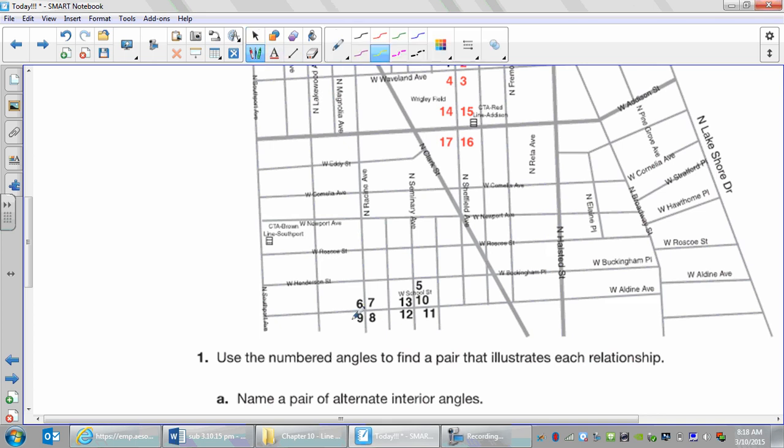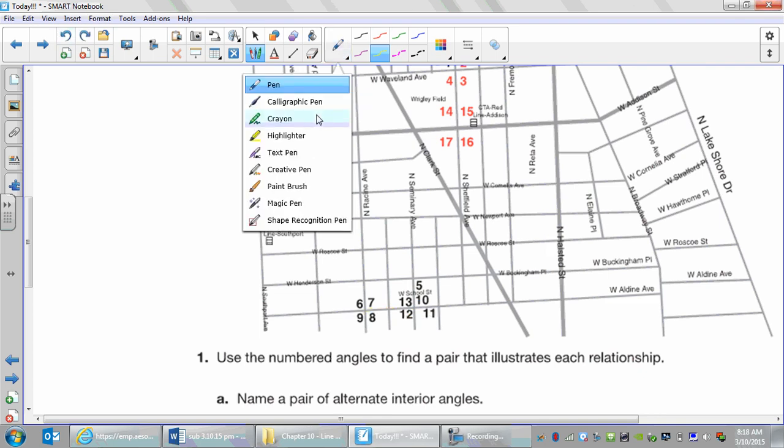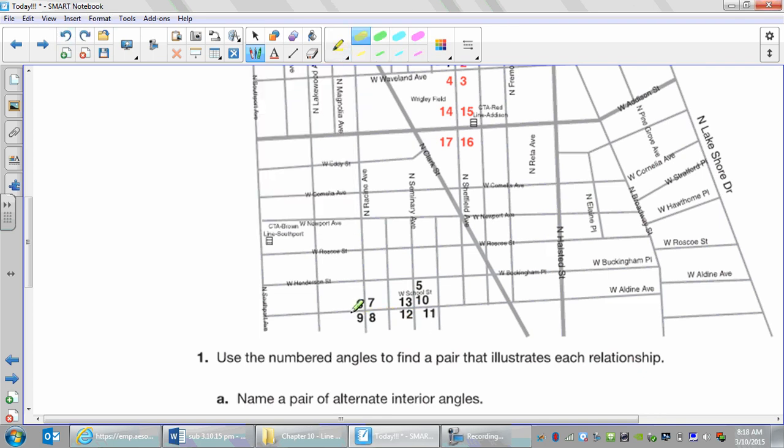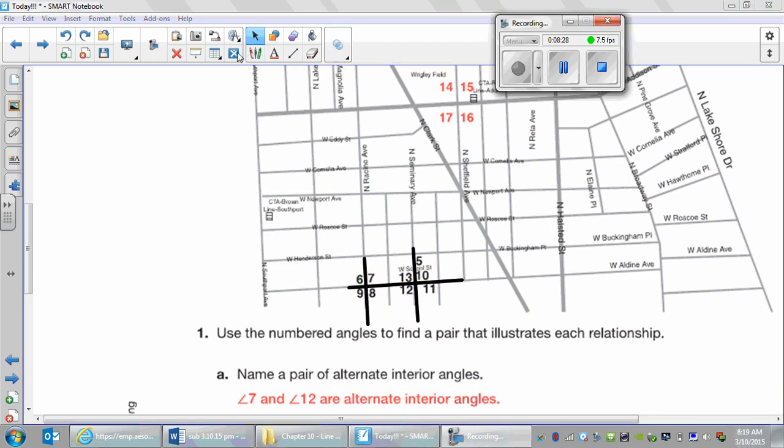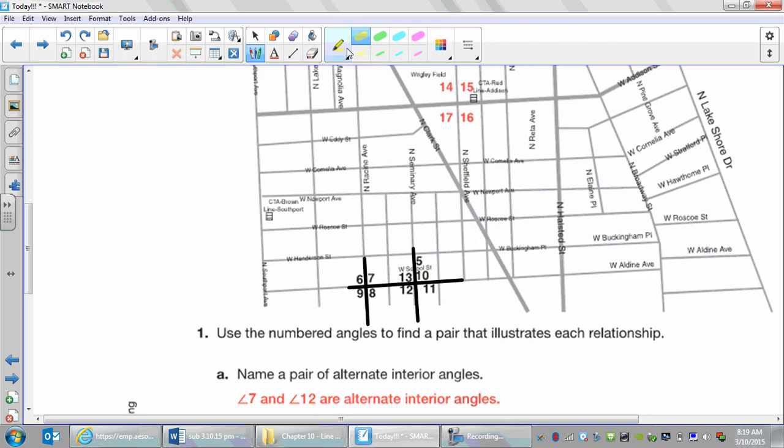So if this is my transversal, remember a transversal is a line that has one parallel on it. Right, so I tried to highlight it there for you. But alternate interior, so here is my transversal, interior, so it has to be made up of these 4 numbers.